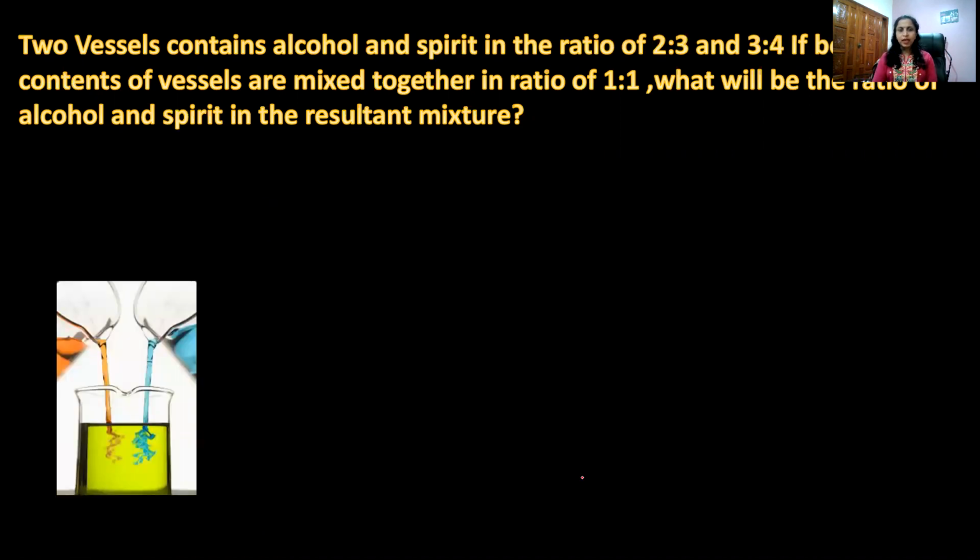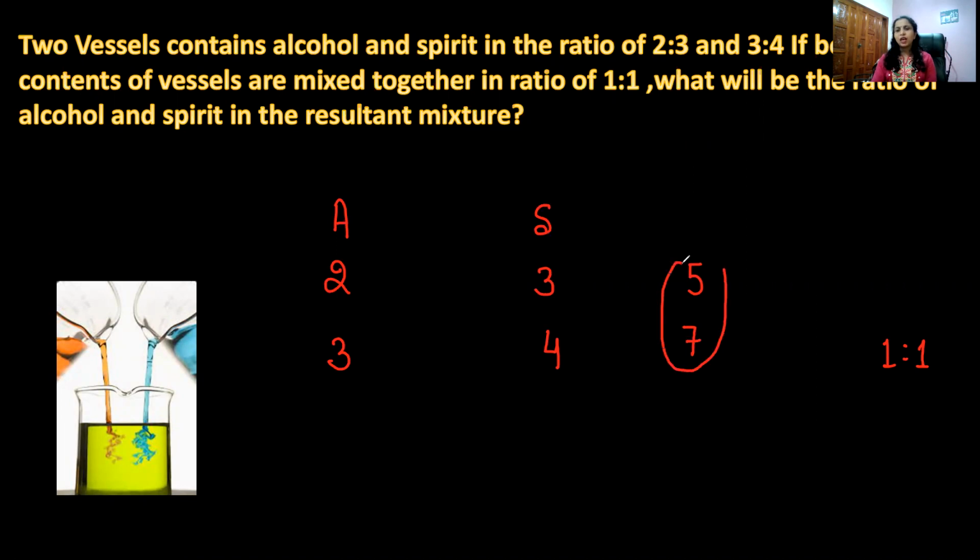Two vessels contain alcohol and spirit. They are in the ratio of 2:3 and 3:4. If both the contents of the vessels are mixed together in the ratio of again 1:1, we'll check the sum. 5 here and 7 here. Since 5 and 7 are co-prime numbers, their HCF is 1. We are going to cross multiply.